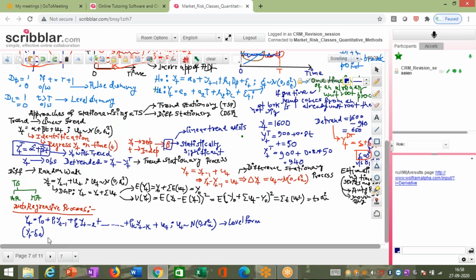So I'm trying to predict this series yt from delta 0, where delta 0 is the long run mean. I'm trying to estimate this deviation from the long run mean. This is your rho 1 times yt minus 1 minus delta 0.